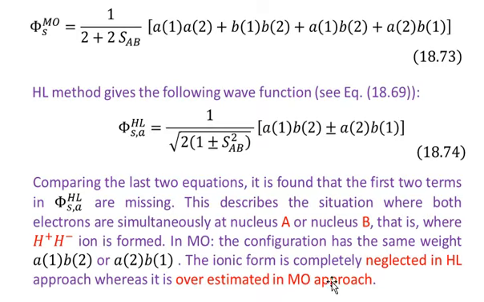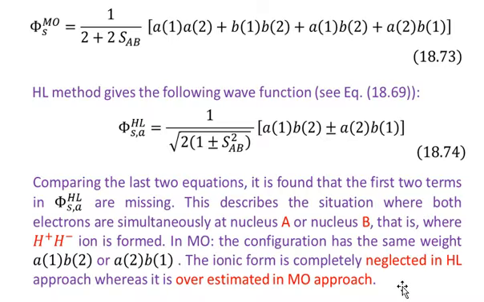The ionic form is completely neglected in the Heitler-London method or approach. That is, we have the situation that gives the ionic form, which is the product of the hydrogen positively ionized and negatively ionized. This ionic form is completely neglected by the Heitler and London method because this ionic form results from the first two terms of the molecular orbital wave function, shown as the first two terms in equation number 73.